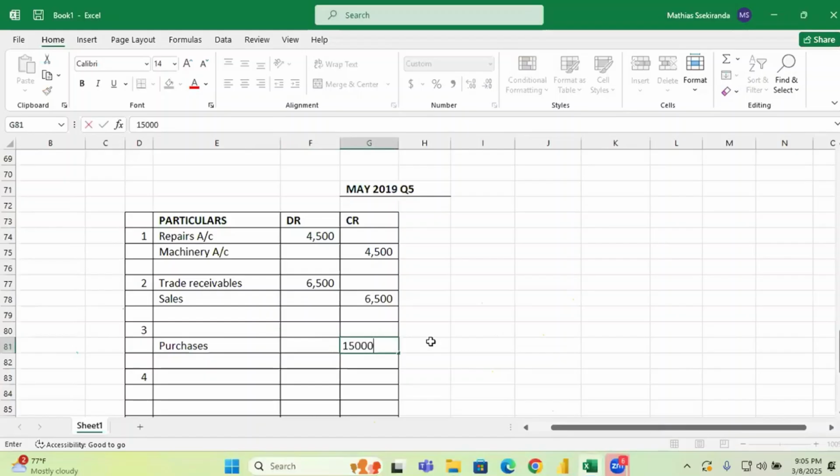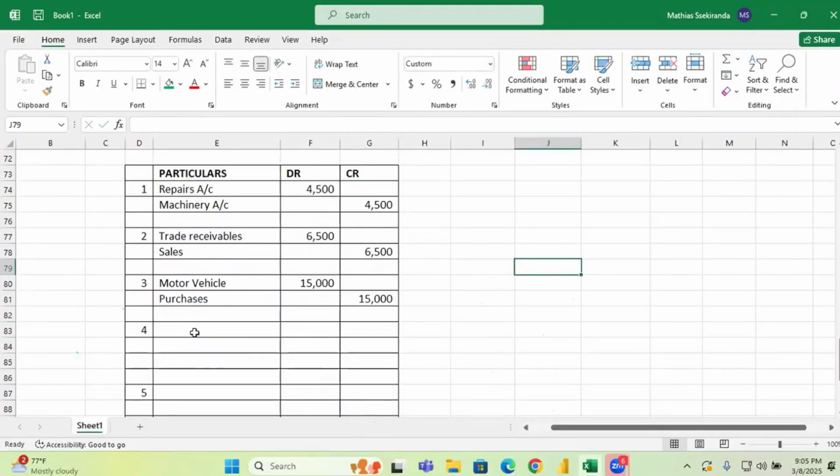Can you pass the right entry? By debiting the motor vehicle account, 15 million. Is there any difference between debit and credit? No. Therefore, we don't have any suspense here, okay? The credit in the purchases, you are reversing the entry that had been made there. So you are correcting the error, okay?